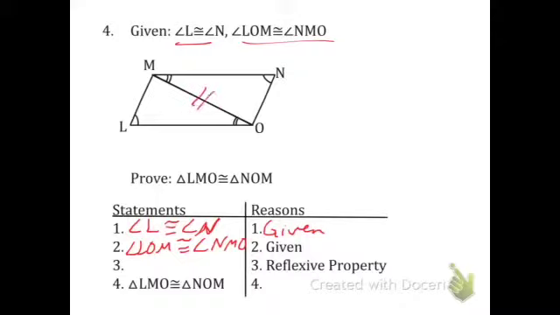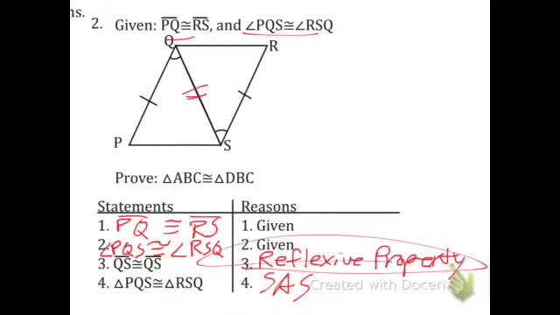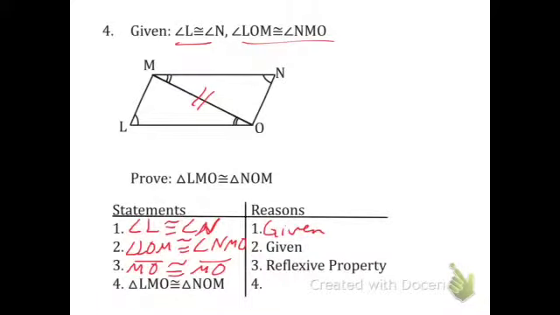We know this guy in the middle is congruent for both triangles. We know that MO is congruent to MO by this reflexive property, which we saw 2 slides ago. And then we know these triangles are congruent by angle, angle, side. So angle, angle, side is our congruence theorem we use there to show they're congruent.